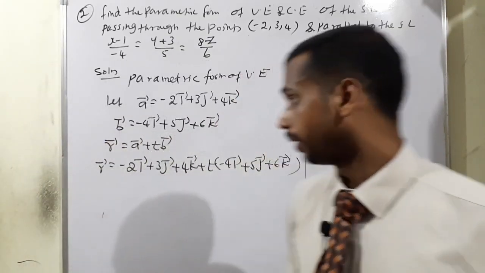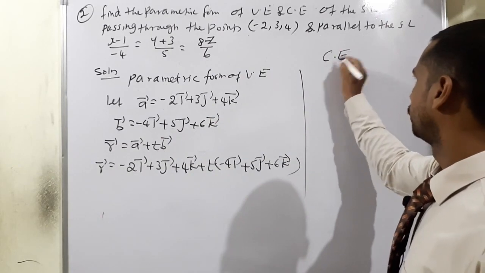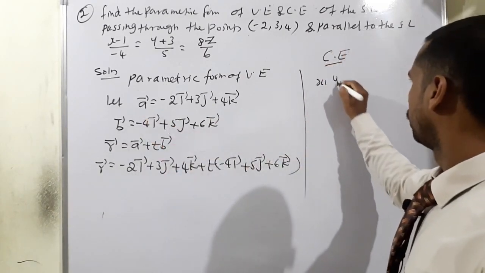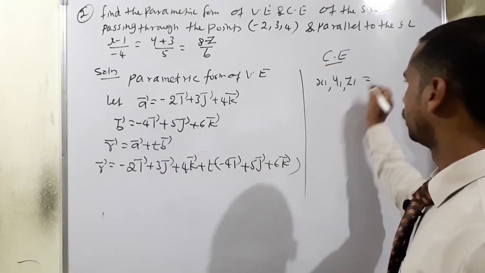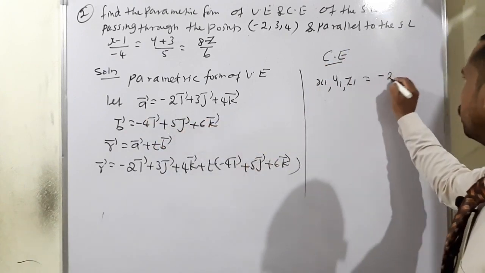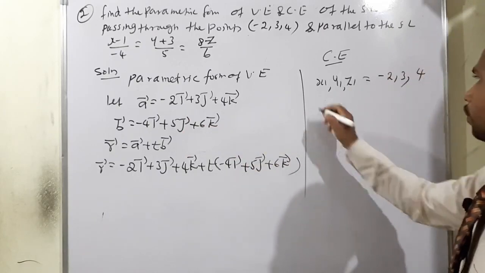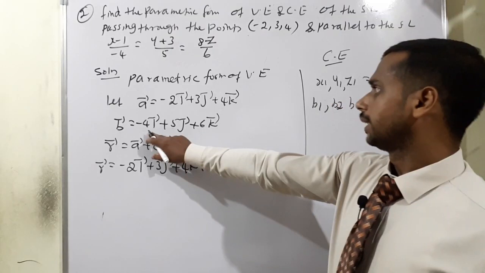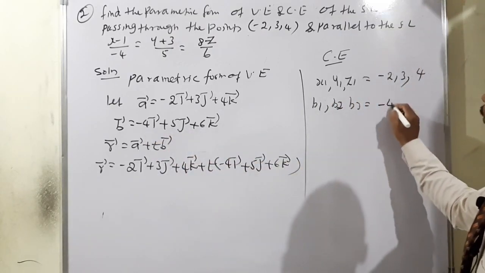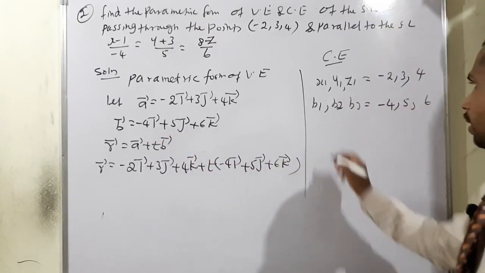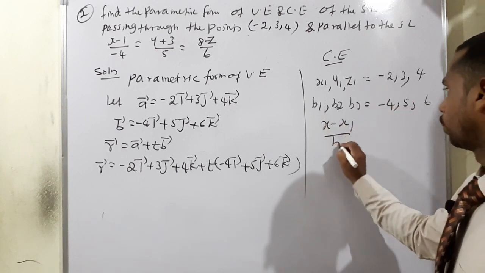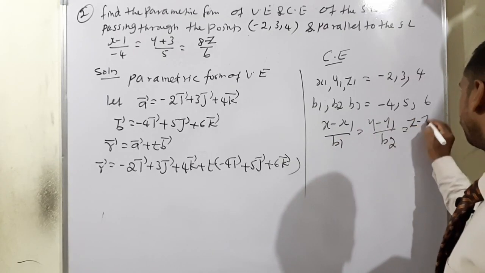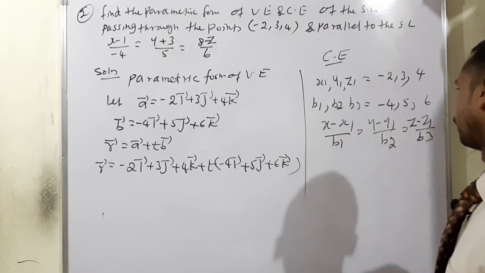Now I am going to find the Cartesian equation. The A vector gives x1, y1 and z1, which is equal to minus 2, positive 3, positive 4. Then b1, b2, b3 is equal to minus 4, 5, 6. The formula is (x minus x1) by b1, then (y minus y1) by b2, then (z minus z1) by b3.